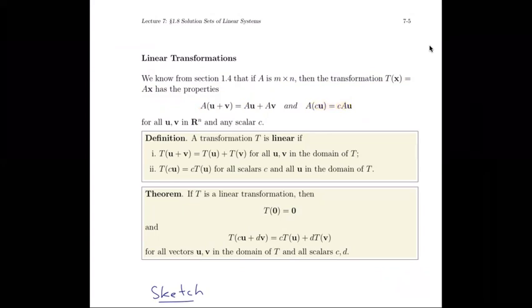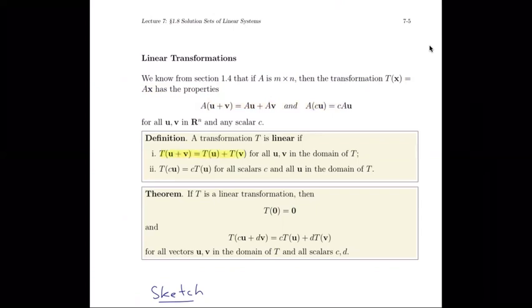Since that's the case, we would want T to inherit that. And if we define T as this, then we know that it absolutely will inherit it. But in general, since transformations don't have to be based on matrix multiplication, we have to define what a linear transformation is. We want it to have properties that are like this. So our definition is exactly that.